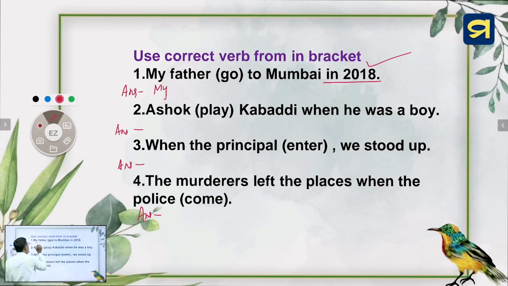So, how will you use? My father went to Mumbai in 2018. Similarly, you see the second sentence. Ashok play kabaddi when he was a boy. We have already discussed for past habit which tense is used.